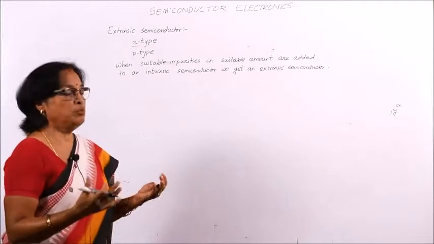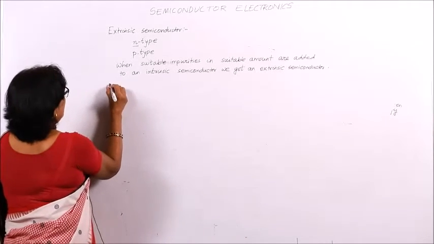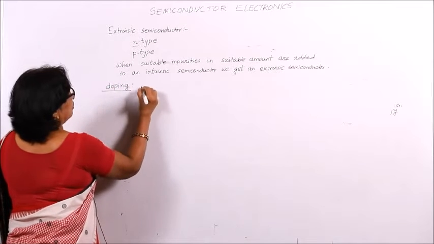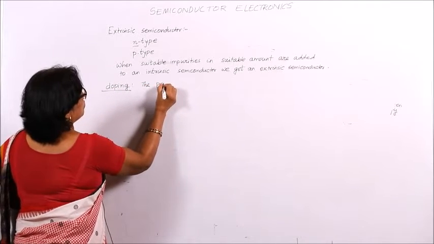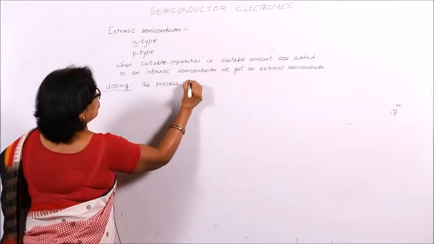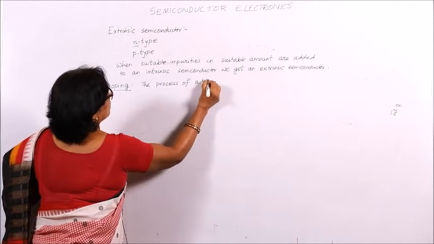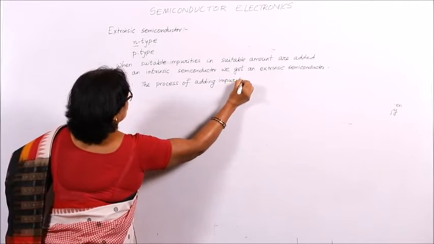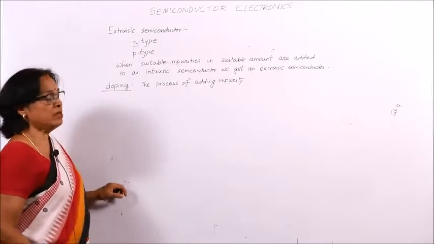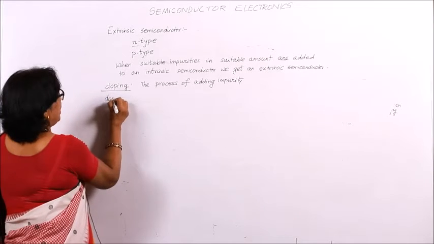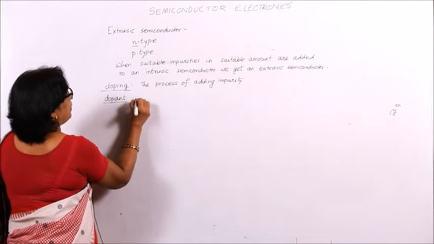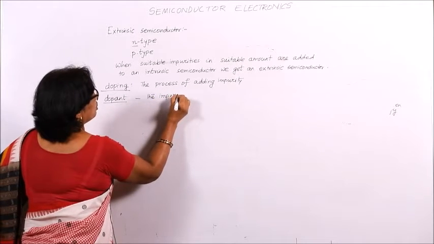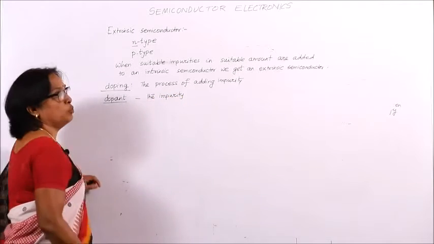When you add the impurities, this process of adding is called doping. The process of adding impurity is called doping. The impurity atom which is added is called the dopant.